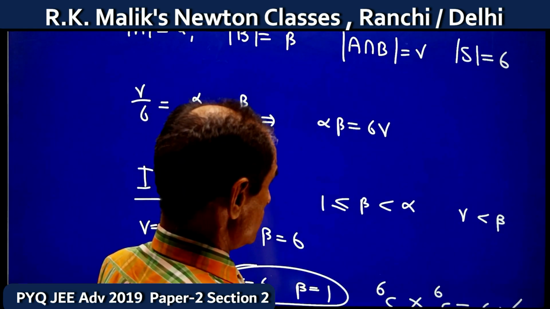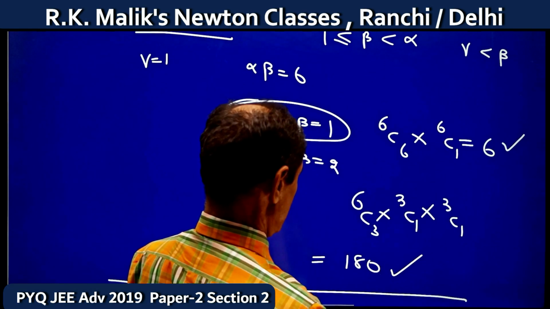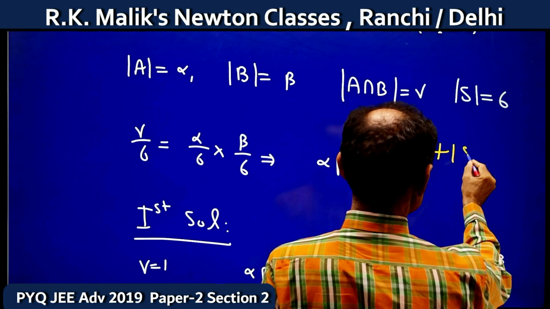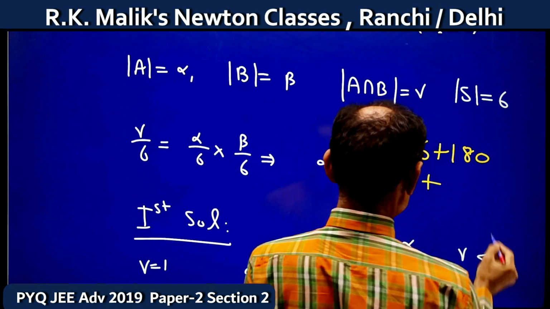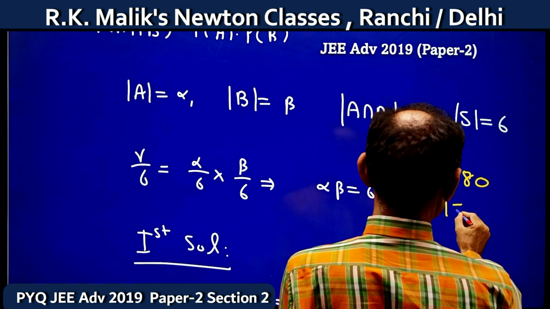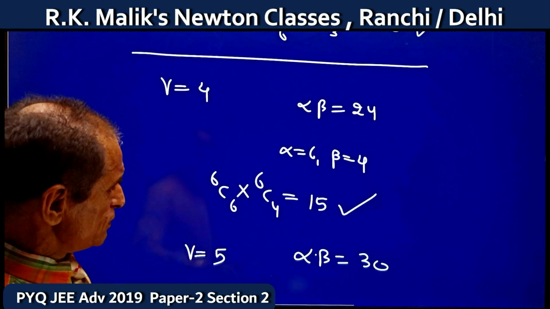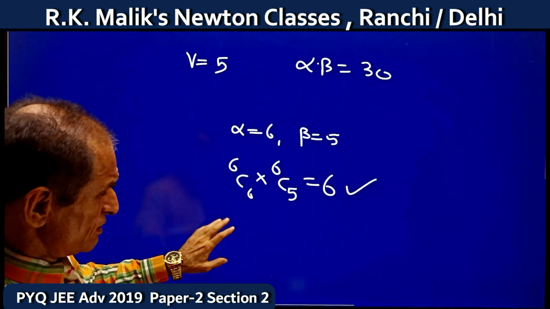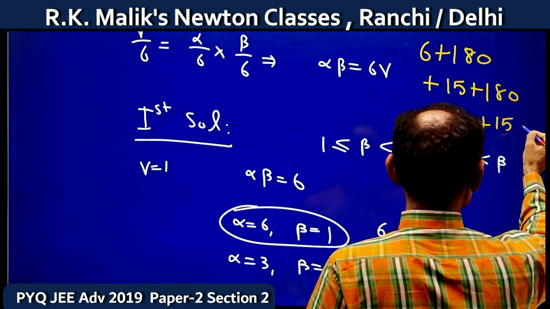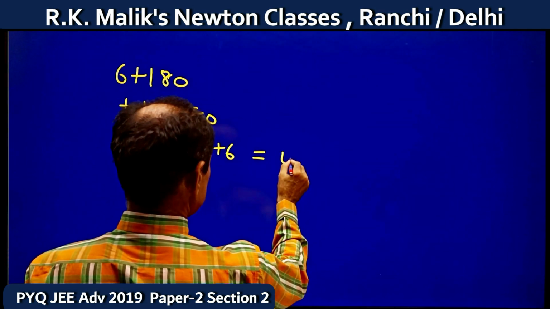Hence, the total number of cases we have got is 6 plus 180 plus 15 plus 180 plus 20 plus 15 plus 6. This is equal to 422.